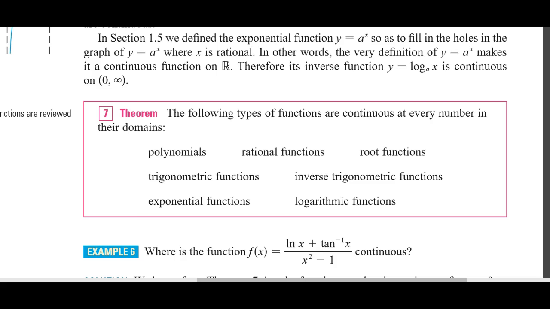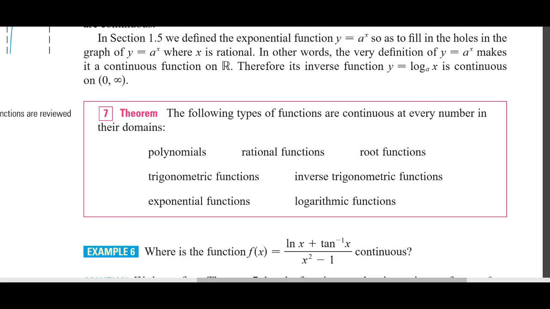Now, if you look at the list given here, you probably remember the set of problems in the algebra review that I gave you. I had a list of functions where I asked you to identify the type and the domain, right? I also asked you to identify the range, but that's not really relevant for this theorem.